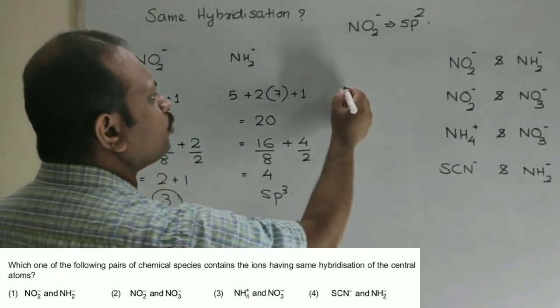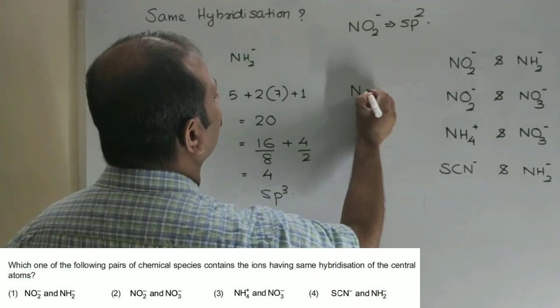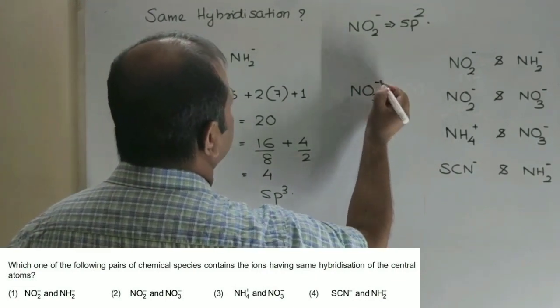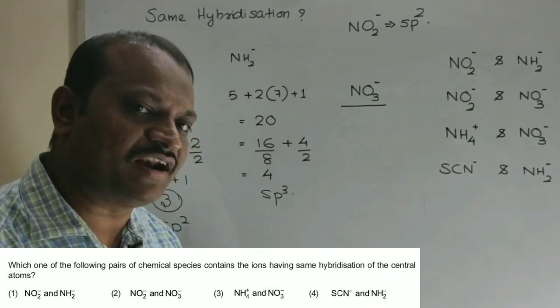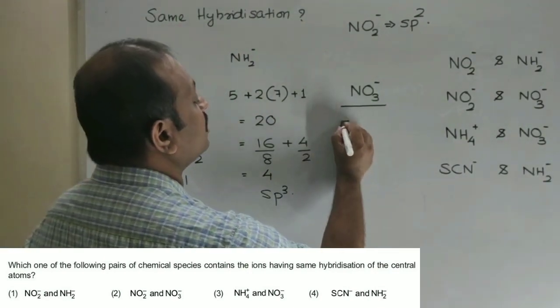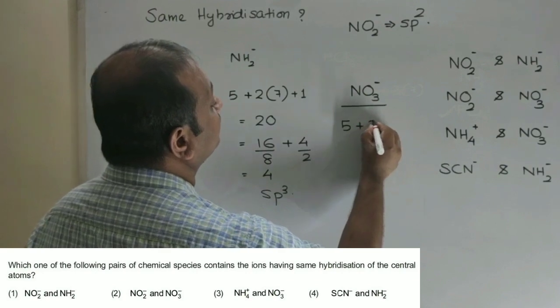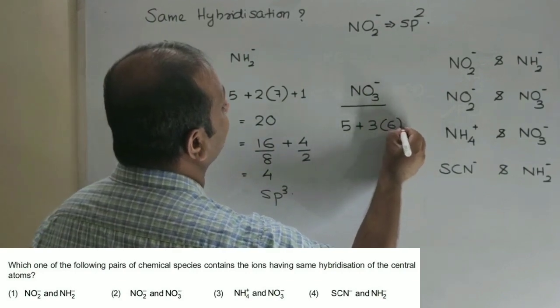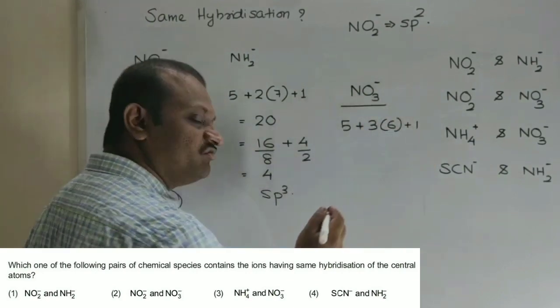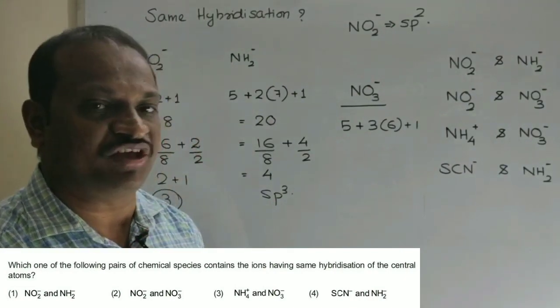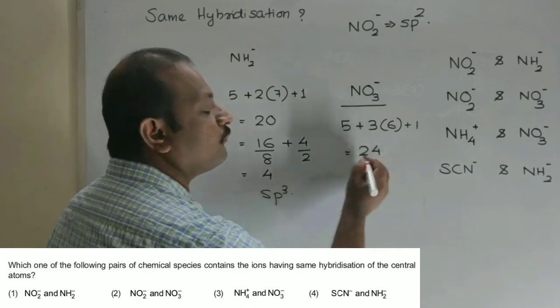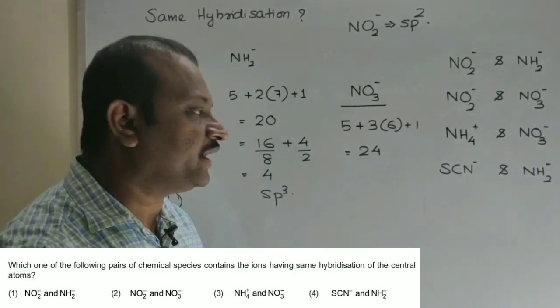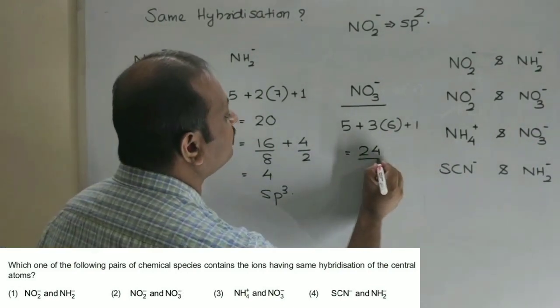Let's find the sum of valence electrons. We get 5 plus 3 into 6 plus 1, which means 4 into 6, which is 24. 24 is a perfect division by 8, so we can divide this by 8.